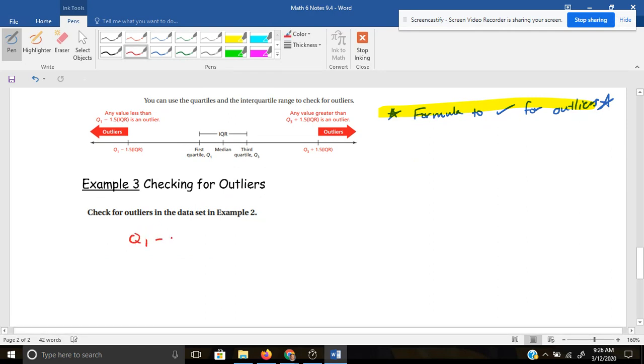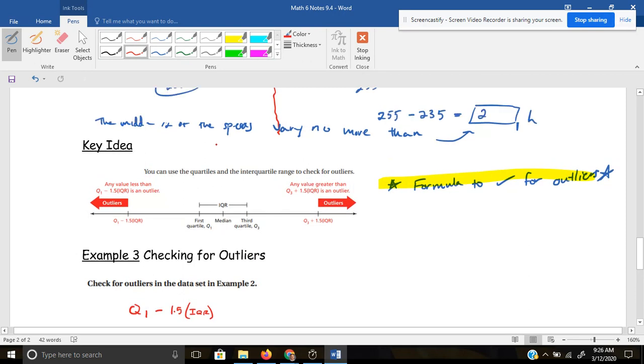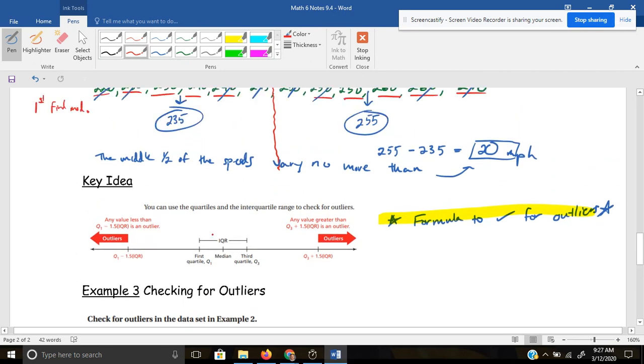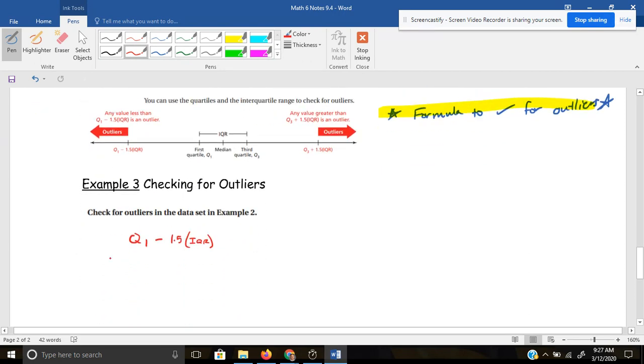Q1 minus 1.5 times the interquartile range. What was our first quartile? Scroll back up here. First quartile we found was 235. So 235 minus, first we need to multiply here, 1.5 times our interquartile range. Remember, what we found for our interquartile range was 20.